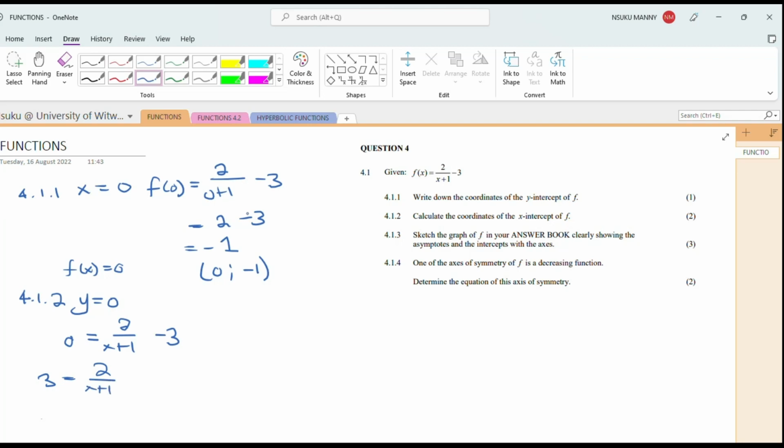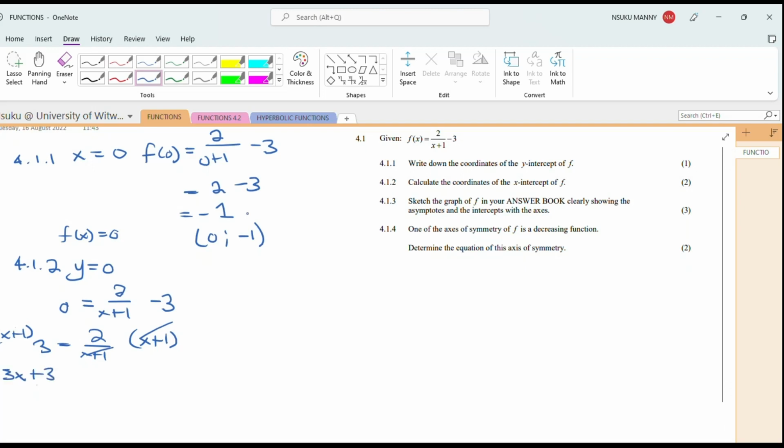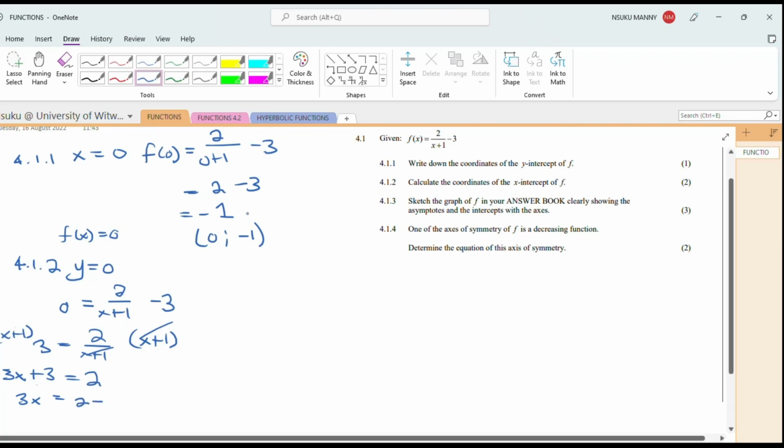Now we multiply both sides by x plus 1 to get it out of the denominator. These two will cancel out, and the 3 will multiply the x plus 1. 3 multiplied by x is 3x, and 1 multiplied by 3 is 3, equal to 2. Then take the 3 to the other side. Now we have 3x is equal to 2 minus 3, which gives us negative 1.